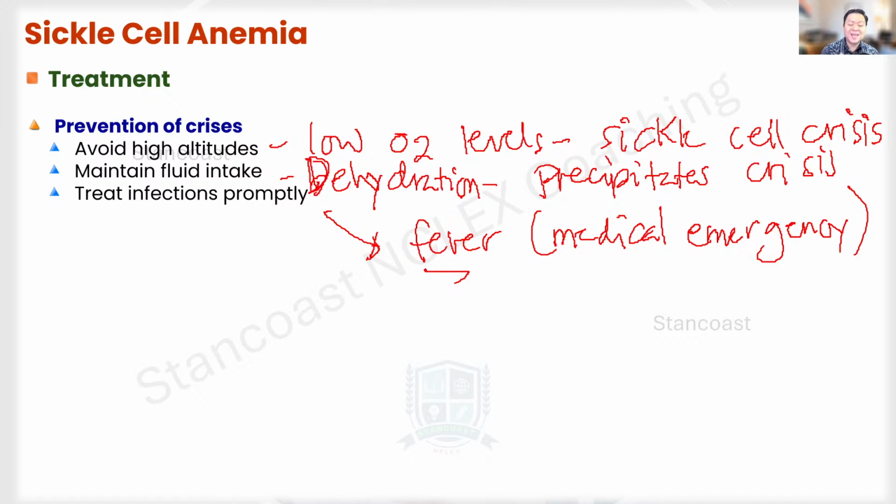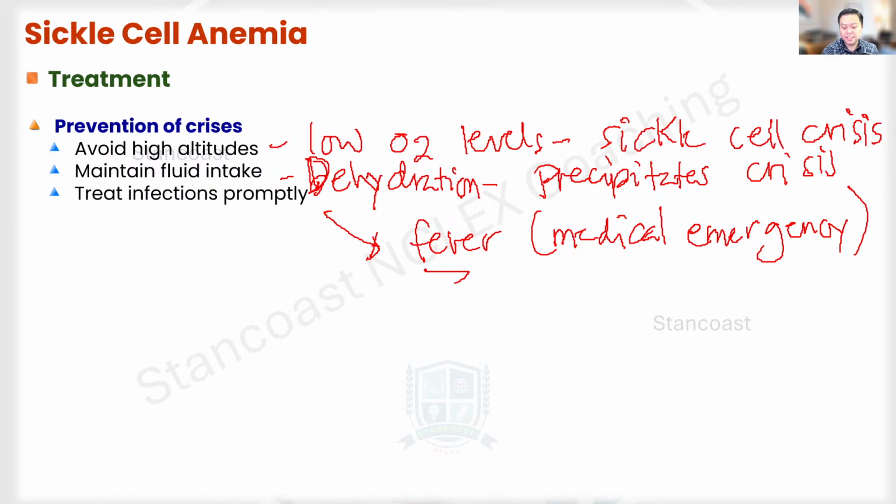So when any kind of infection, for example, if they feel fatigued, so exhausted, maybe just feeling warm, that is a medical emergency, guys. We really need to investigate further, assess this patient carefully, and notify the medical provider, because this is something that can lead to the crisis. We need to promptly treat any of their infection with antibiotics to prevent the complication.